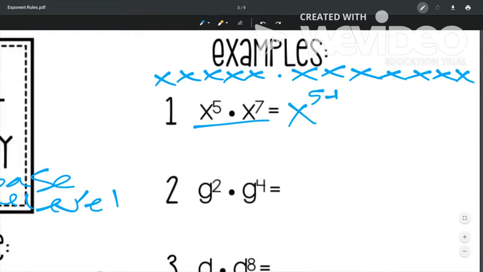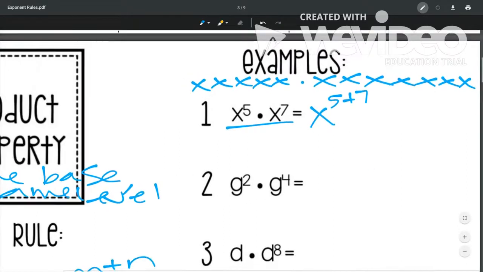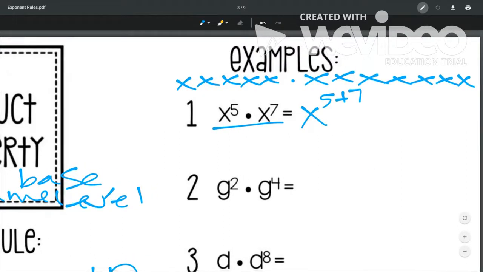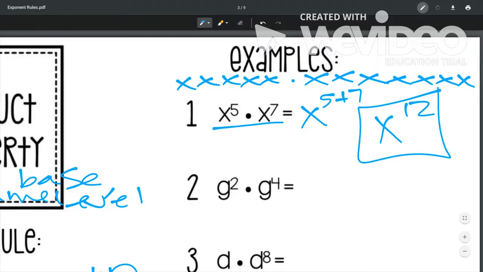I'm going to zoom in a little bit so that you can see. So this right here is how you would show your work that you've used the property. It's x to the 5 plus 7 power, which gets you x to the 12th. And that is your final answer. And the great thing is you already had that when you expanded that out. You had 5 here, 6, 7, 8, 9, 10, 11, 12.